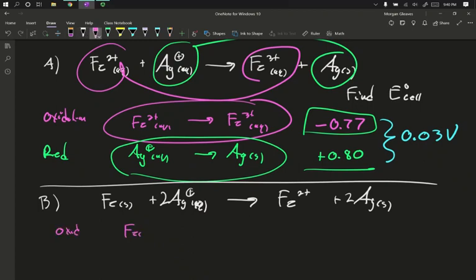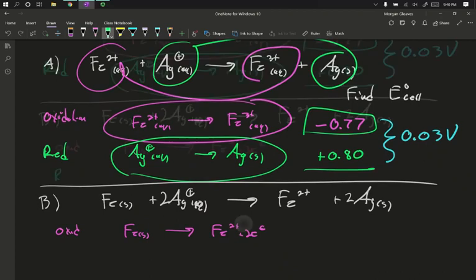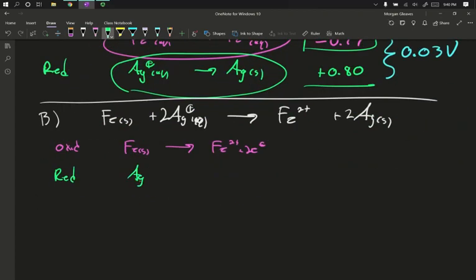Now it's iron solid going to iron 2+ and 2 electrons. Reduction didn't alter here. It's still silver+ going to silver solid, and I'd need 1 electron. I'd need to multiply this whole thing by 2, but that doesn't affect our voltage differences.